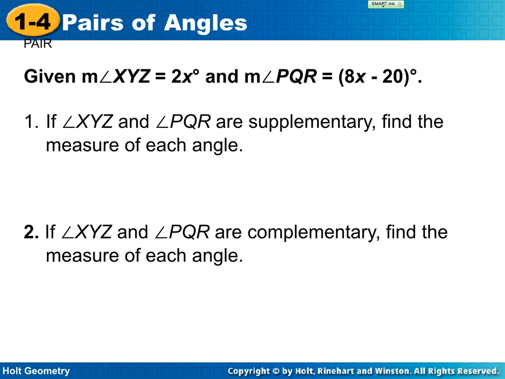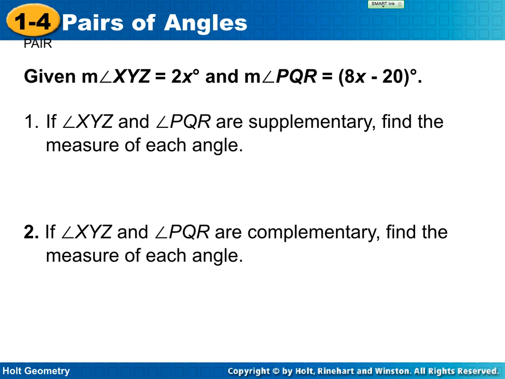This angle is 2x, this angle is 8x minus 20, but I didn't exactly tell you what either one is. On this type, to get them to be supplementary, you can add them together and set it equal to 180. So on problem 1 here, take 2x plus 8x minus 20 equals 180 degrees.